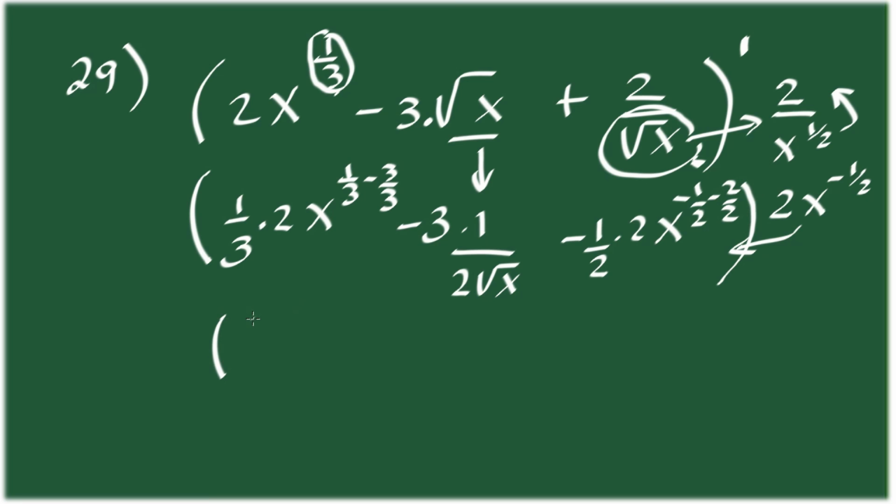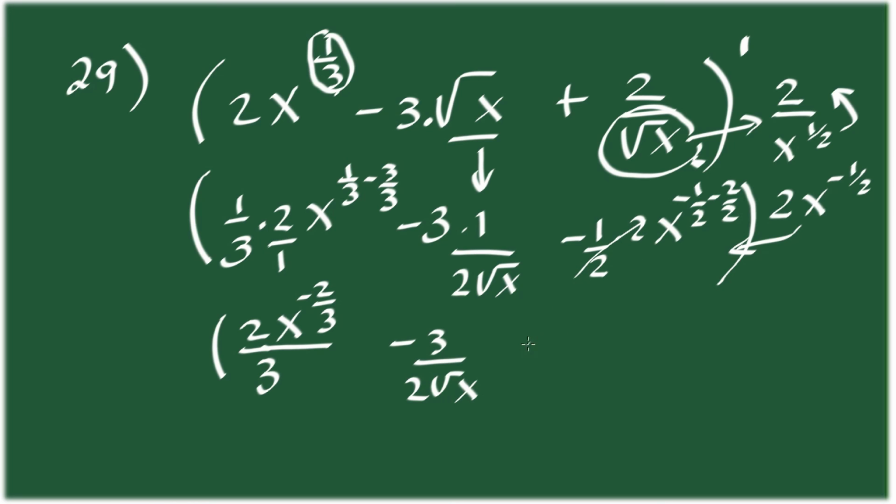So cleaning this up, we have 2/3, that's 1/3 times 2, x to the negative 2/3. And then right here we have minus 3 over 2 square root of x. And then this will reduce to 1 minus x to the negative 3/2.